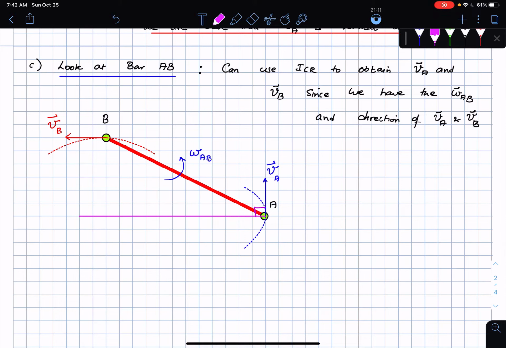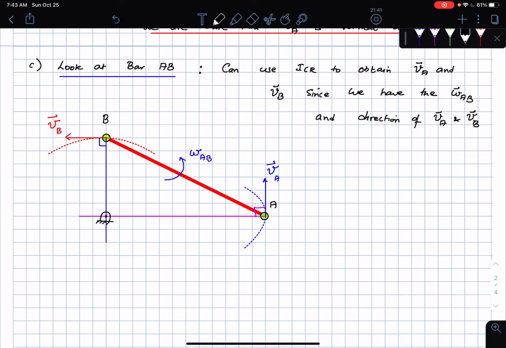Then the velocity of B is pointing to the left, which means the instantaneous center is going to be lying perpendicular to that line as well. So the instantaneous center is going to be at the intersection of these two lines. This is the instantaneous center of rotation.